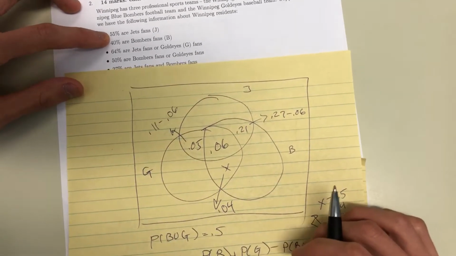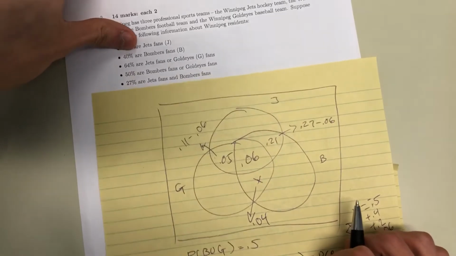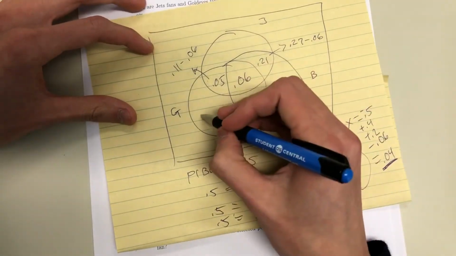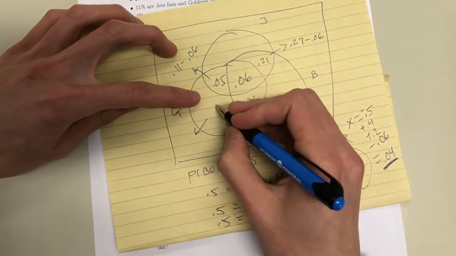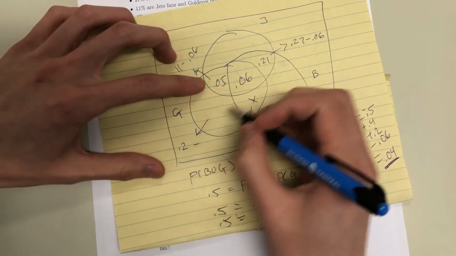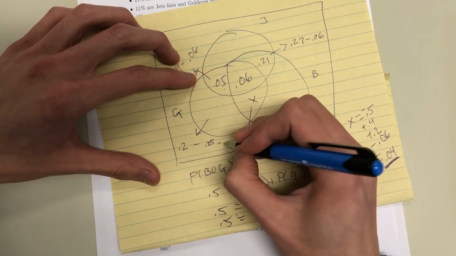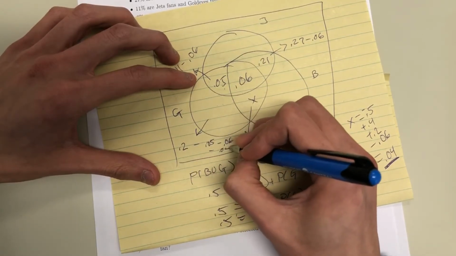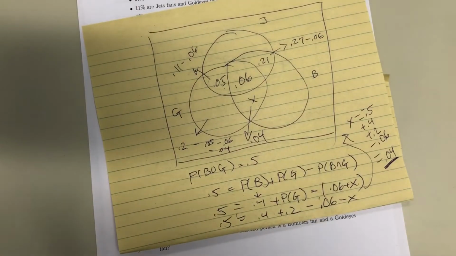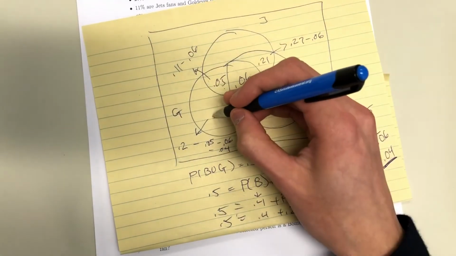Since we calculated that 20% is the probability that they're a Goldeye fan, this area alone will be 20% minus these 3 regions: minus 5%, minus 6%, minus 4%, which will give me 5%.